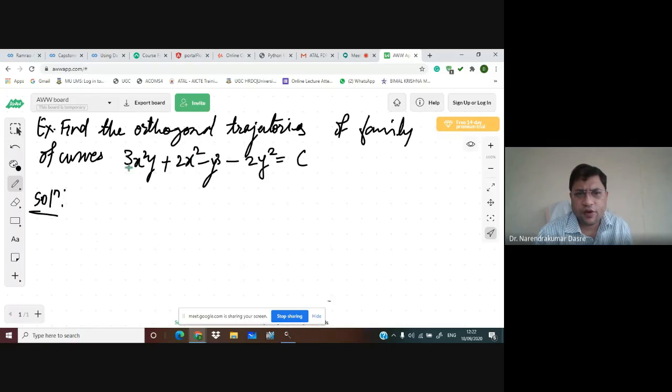So here we have to find the orthogonal trajectories for this family of curves. Okay, so let's have this.